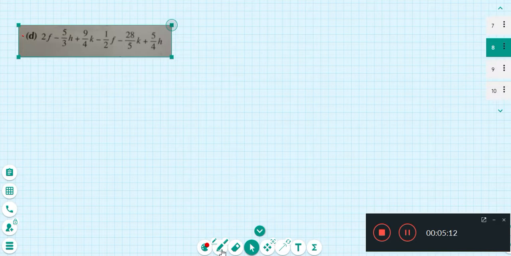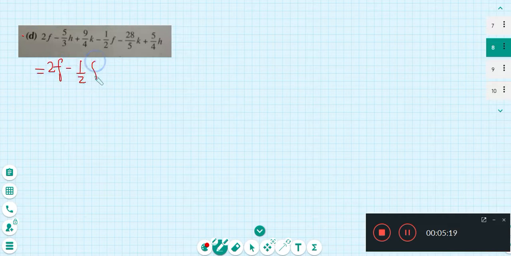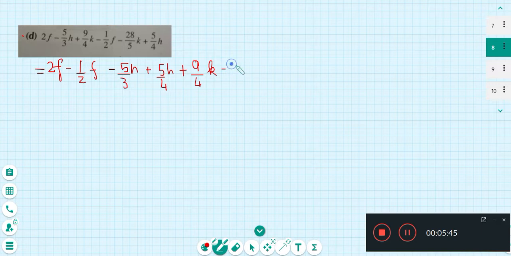So separating f terms first, we get 2f minus 1 over 2f. These are f terms, and the h terms will be 5 over 3h plus this one 5 over 4h. And finally we have two k terms, 9 over 4k and minus 28 over 5k.